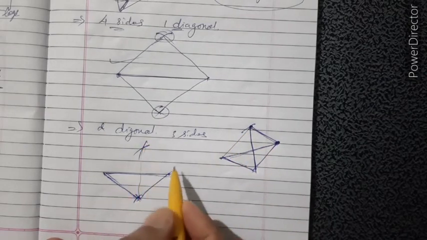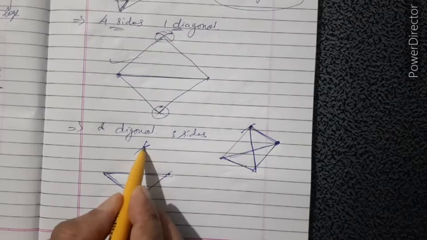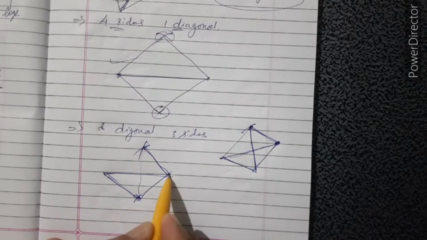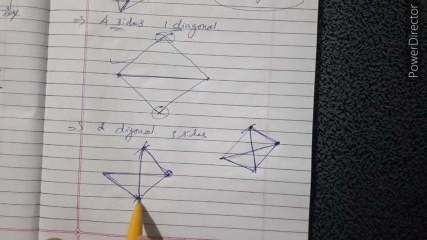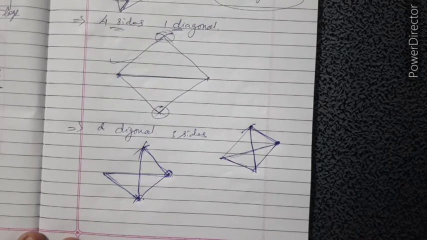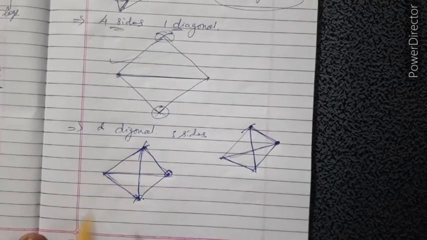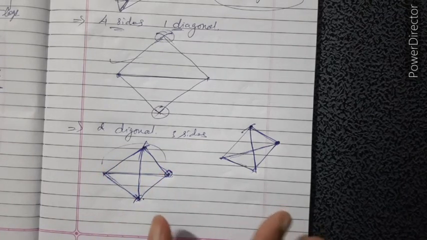From the intersecting point, draw the line segment to one vertex of that diagonal, and then just join the fourth one. Here we are having the quadrilateral.